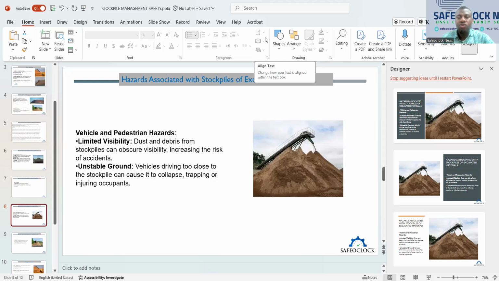Due to weather, maybe there was rain, or maybe the water used for dusting, to reduce the dust, became too much in a particular area, making the sand unstable. So as the truck comes to tip the material, the ground sinks, the truck becomes unstable and it overturns. So unstable ground and overturning of equipment is one of the hazards associated with the stockpiling activity or stockpiling area.